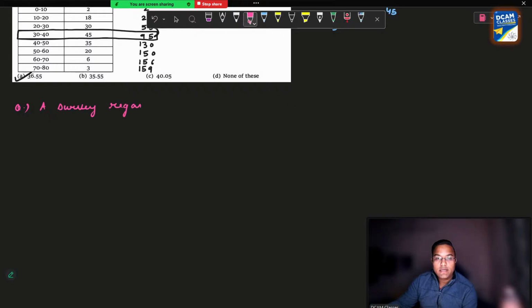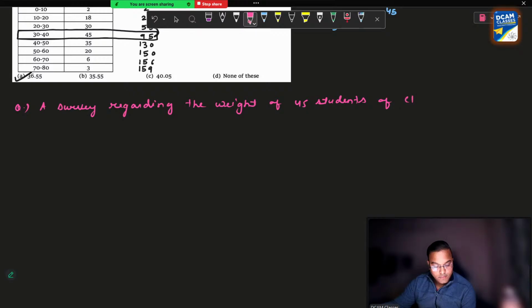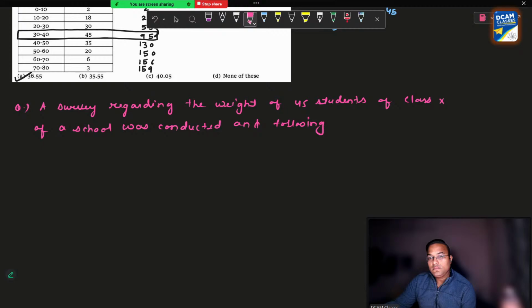A survey regarding the weight of 45 students of class 10 of a school was conducted and the following data was obtained.